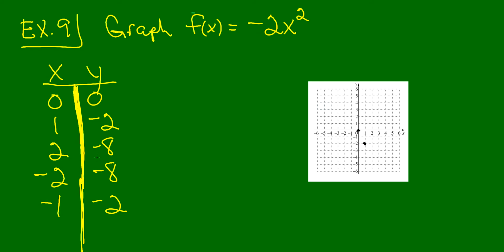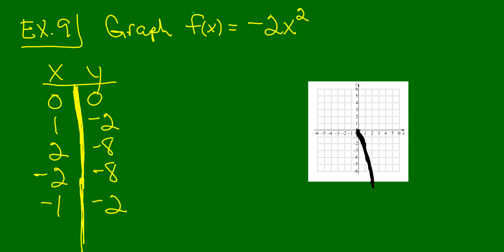I've got 2, negative 8: I'm going to go over 2, down 8. Here's 6, 7, 8 maybe right here, I'm guessing. And now the other side is going to mirror that. So this is the graph here, and it's a little narrower than something that would be 1.